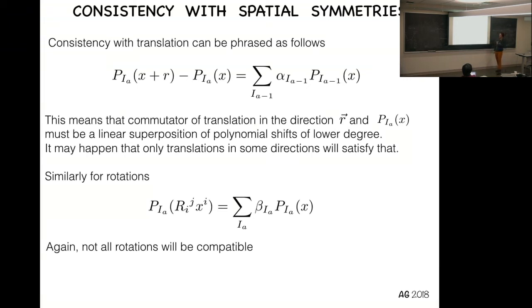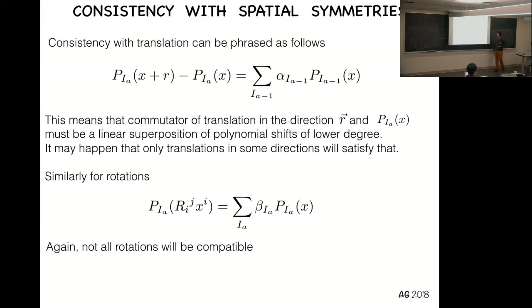So the constraint that comes from the set of polynomials that I have chosen is that the commutator with the translation has to be a linear combination of the polynomials of 1 lower degree. If I happen to forget to choose one of those polynomials, then I would end up not being able to include translation in direction R into the symmetry algebra.